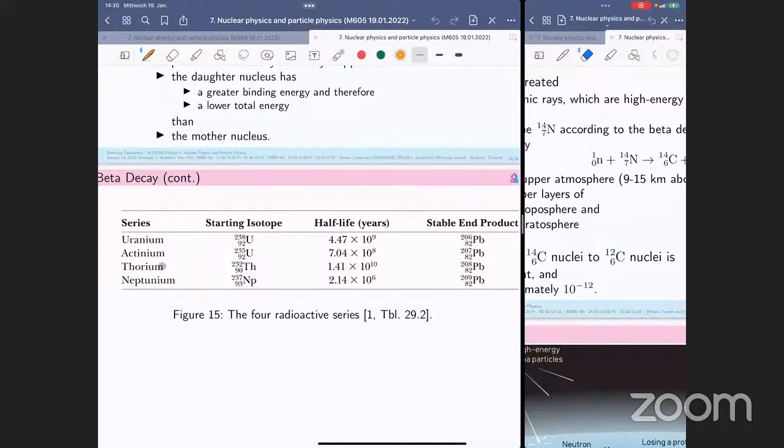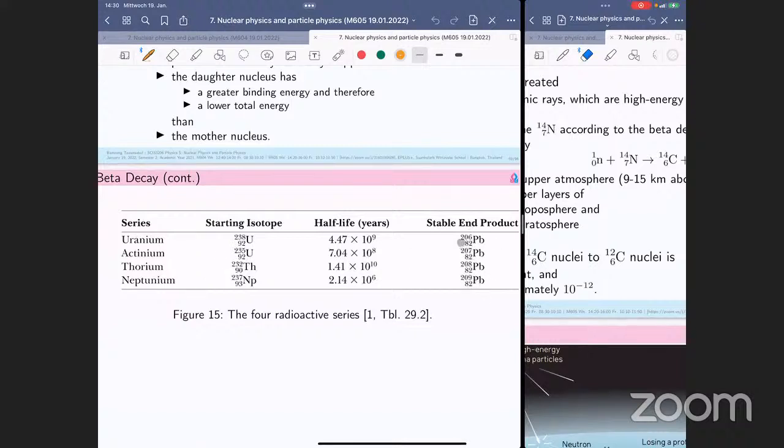The half-life of thorium is a little bit longer. It's 14,100 million years.